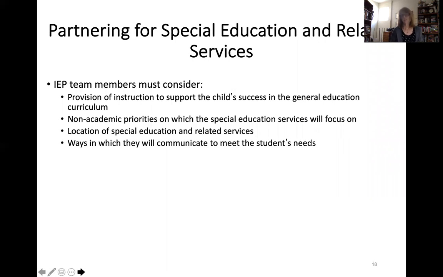Things like mobility, teaching them the technology that they need to use to be successful. Where are those services going to be given?